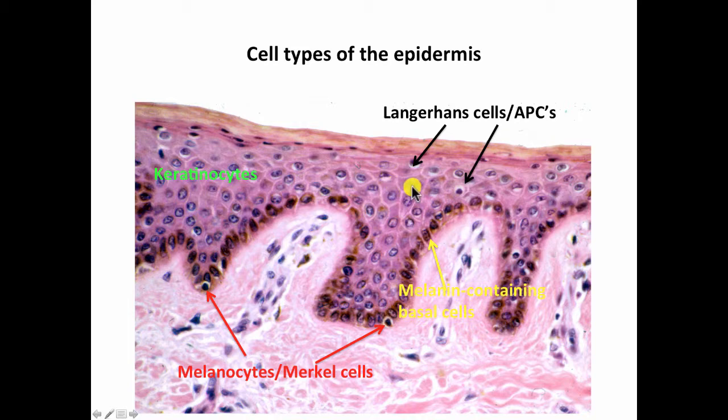And then once they encounter a microorganism, they ingest it and they travel to a lymph node where they elicit an immune response by reacting with lymphocytes. So they are antigen presenting cells. And this slide also shows the little spinous processes between the keratinocytes of the stratum spinosum.